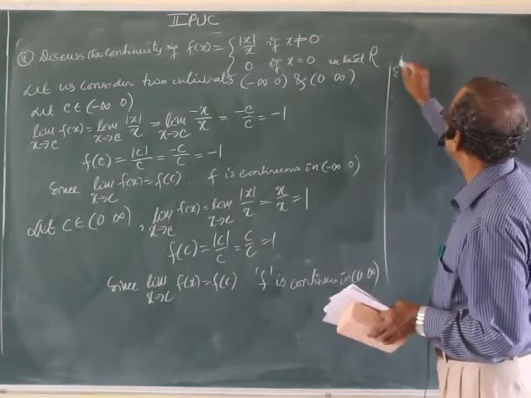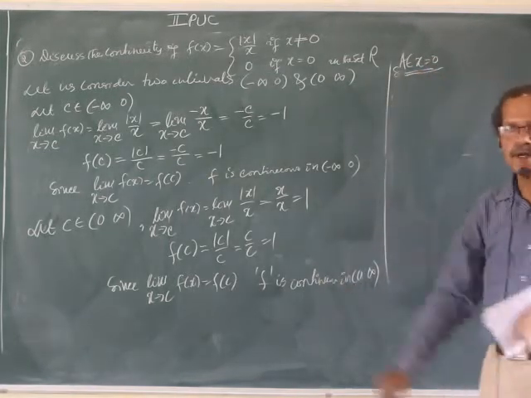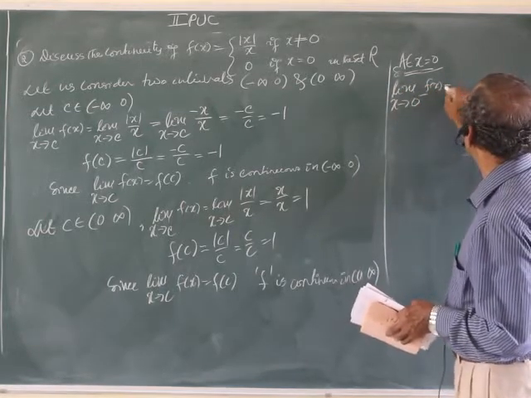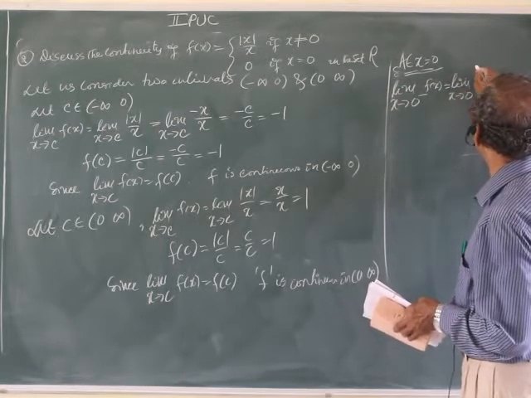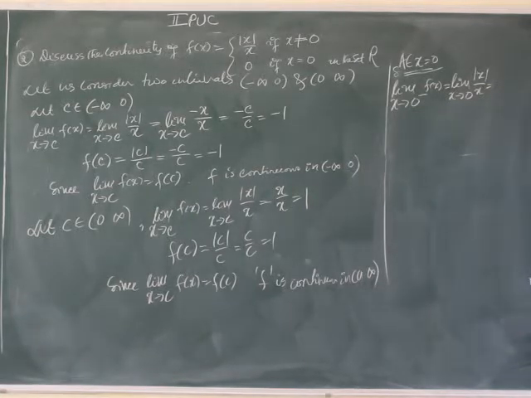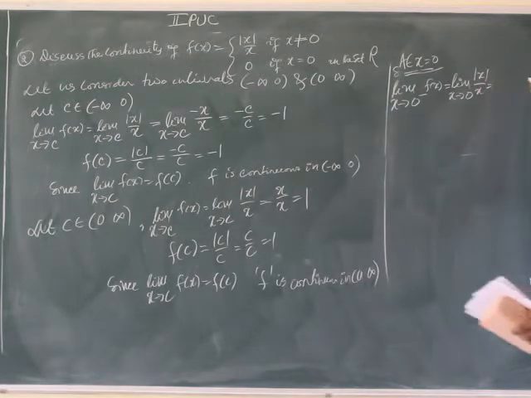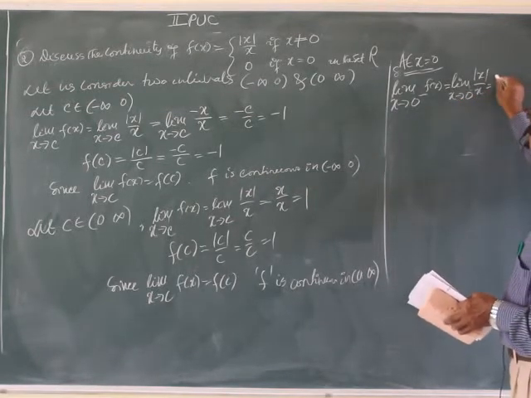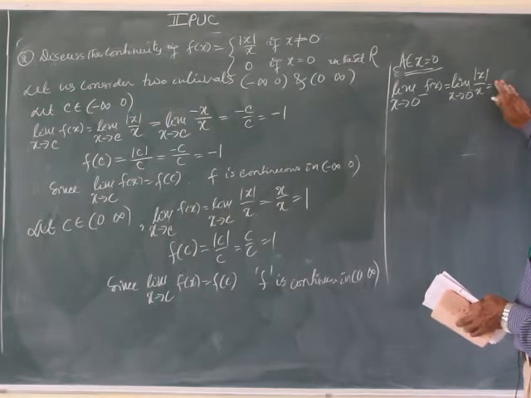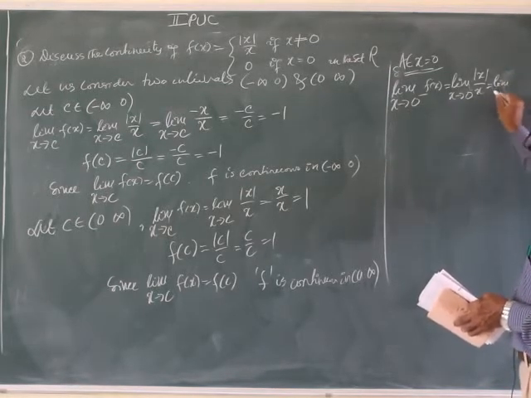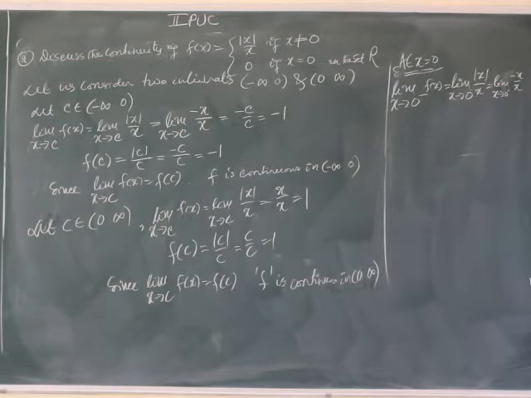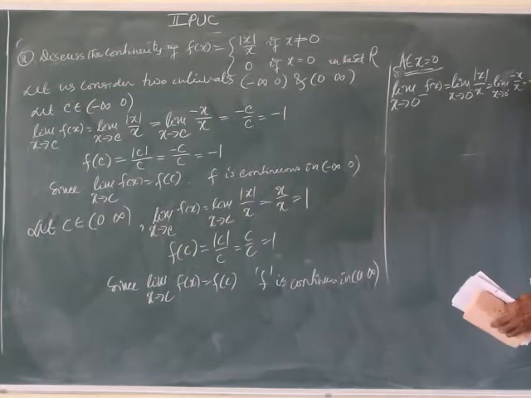Last thing is at x equal to 0, you have to see. Limit x tending to 0 minus f of x, limit x tending to 0 minus mod x by x, from the negative side, minus x by x, limit is minus 1.